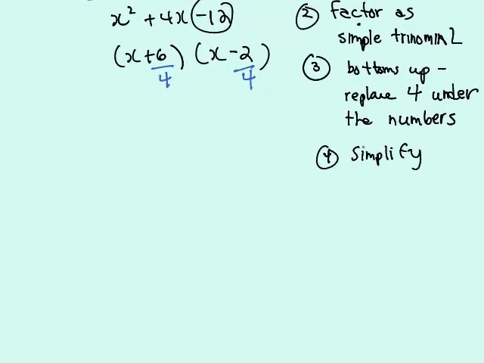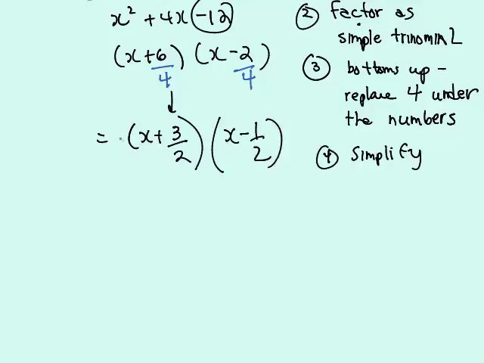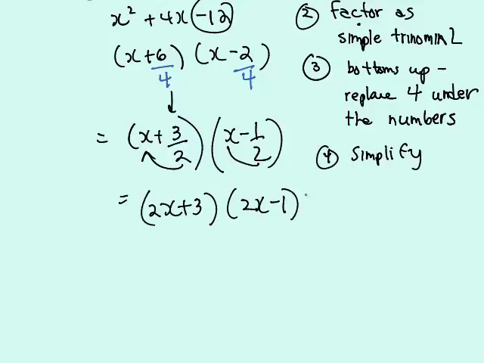So that has to be simplified. 2 goes into 6 3 times, 2 goes into 4 twice. That becomes 1/2. Now you could leave it like that, or you could write it where you bring the 2 up beside the x. They're equivalent. And you factor it by doing bottoms up.